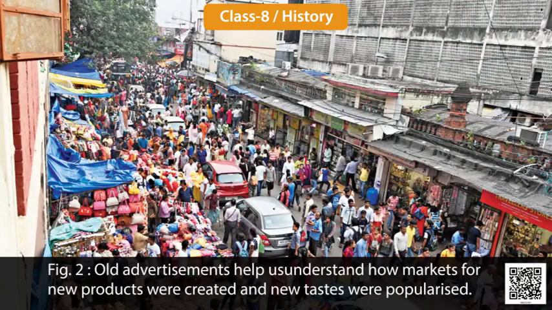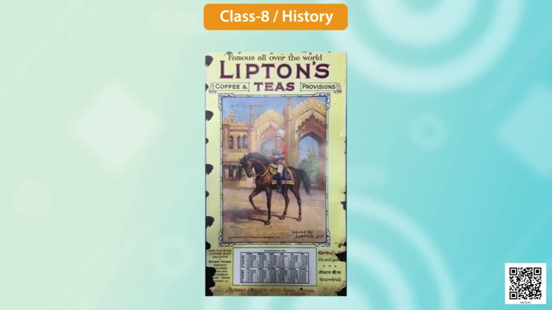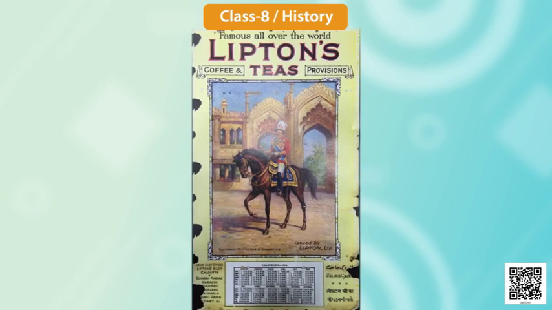Moving over, we see in figure 2 the advertisement. In this, we can see an old advertisement which helps us to understand how markets for new products were created and new tastes were popularized. This 1922 advertisement for Lipton tea suggests that royalty all over the world is associated with this tea.